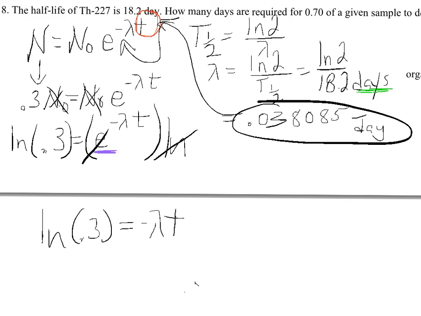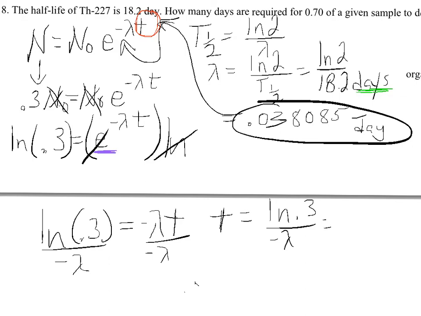We're looking for the time, so again we'll do a little rearrangement. And we're left with time equals natural log of 0.3 over negative lambda.